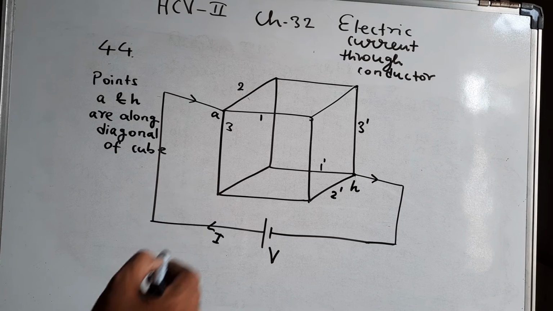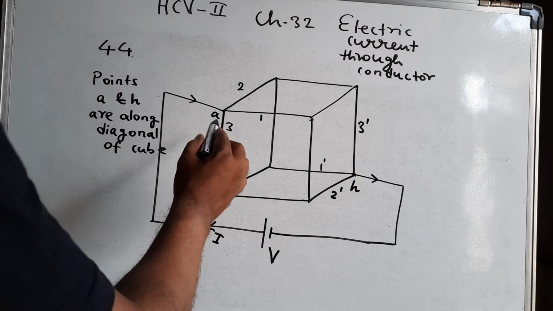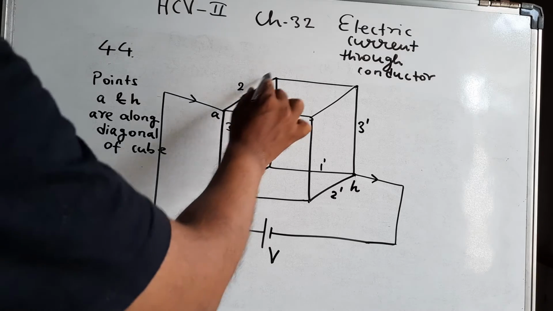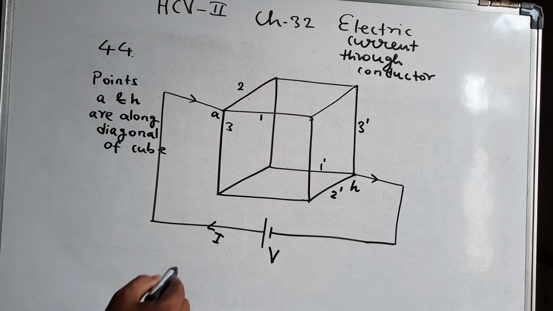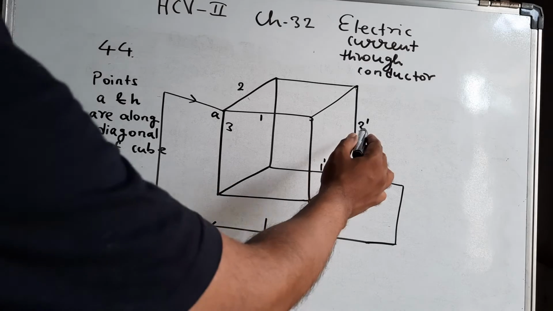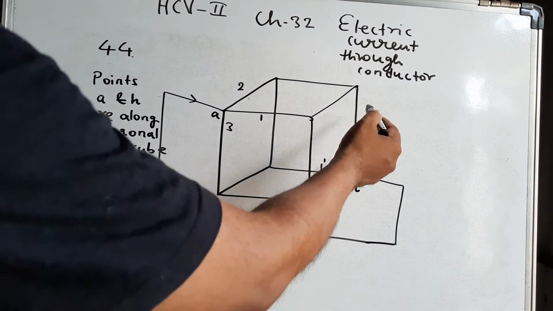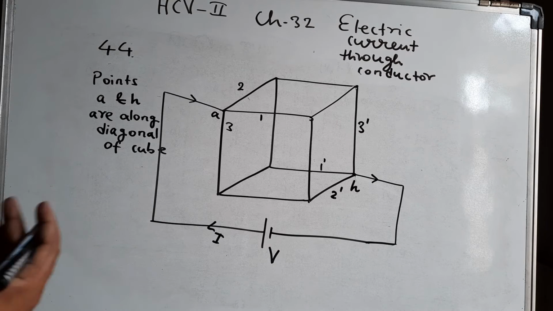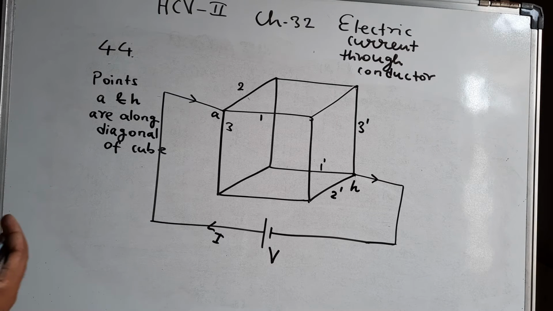If you examine like this, you will come to know that each of the branches, whether it is 1, 2 or 3, is further divided into two branches and joins with 3 dash, 2 dash and so on. They are all very similar, you can say symmetrical.